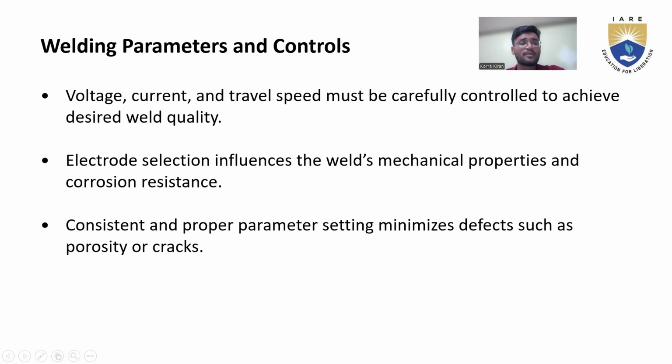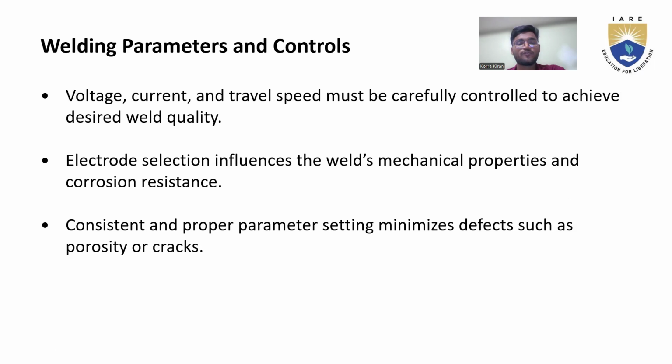Welding parameters and controls: voltage, current, and travel speed must be carefully controlled to achieve the desired weld quality. We need to calculate the voltage accurately and use it based on the welding application. At the same time, current and travel speed must be carefully set.